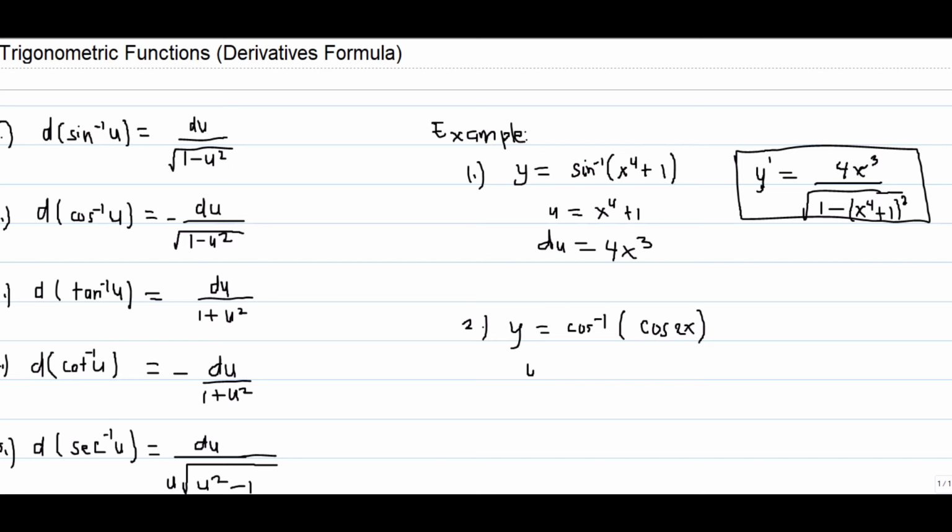Let u be equal to cosine 2x. Take note that the derivative of cosine u is equal to negative sine u du.